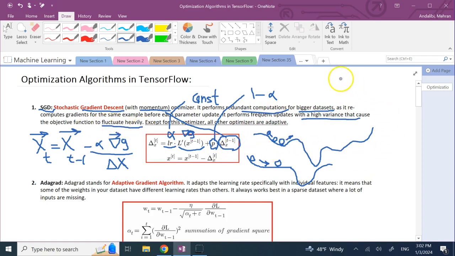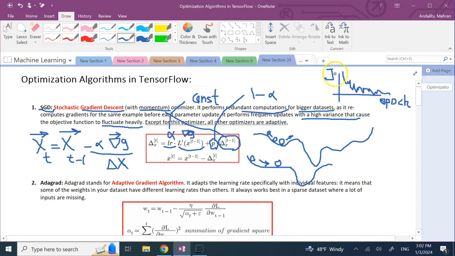So if you plot that cost function J versus epoch, this method makes it go with a lot of variations, especially because alpha is also constant.